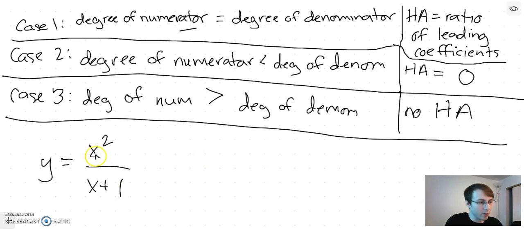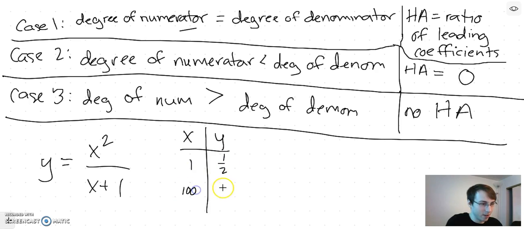When we plug in a really big number for x, we just make the table, x, y. When x is 1, we get 1 over 2. When x is 100, we get 10,000 over 101. When x is like 1,000, we get a million over 1,001.